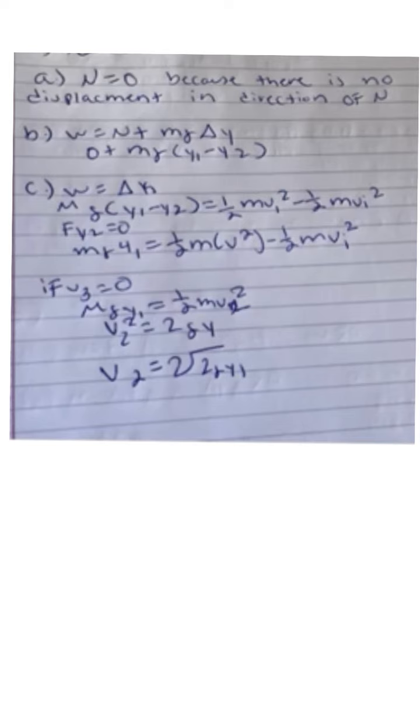And if we know that y2 is going to be equal to 0, we can plug in our values. And we know that our v1 is going to equal 0. We can go ahead and plug in our values. Once we further solve, we're going to go ahead and get, as a result, v2 equal to the square root of 2gy1.